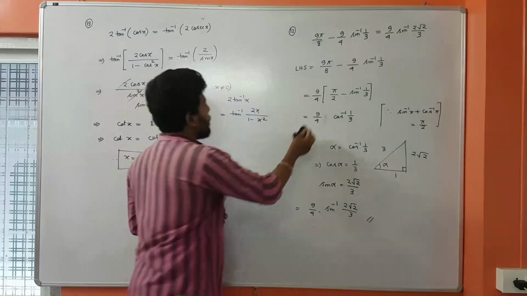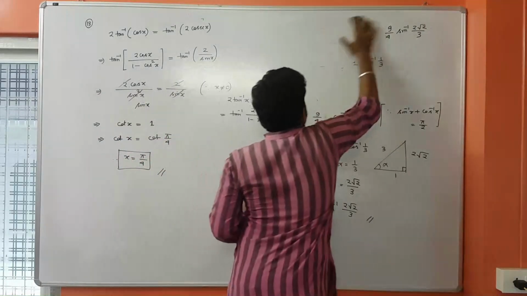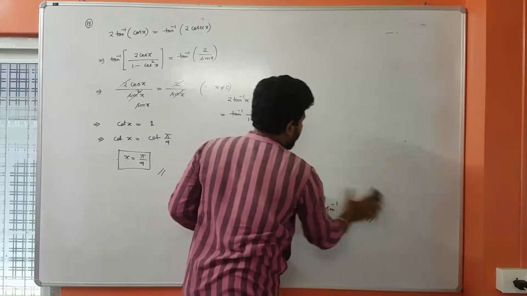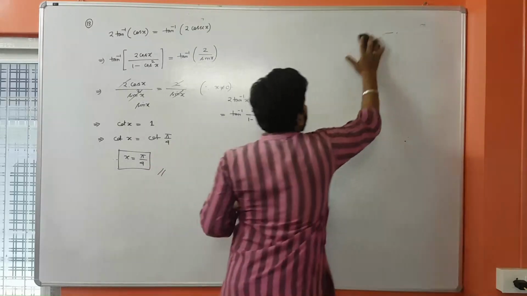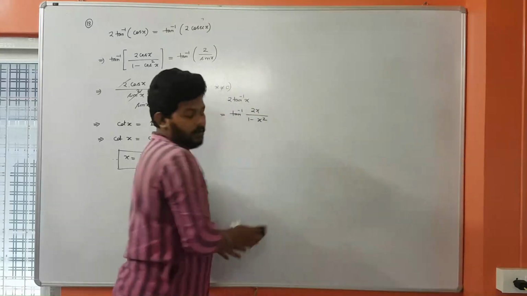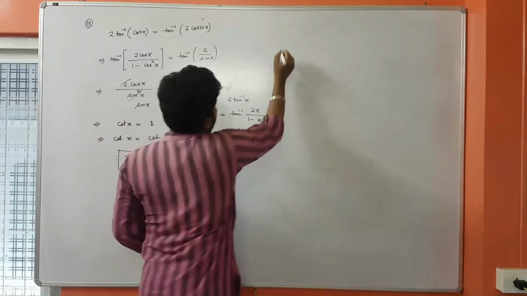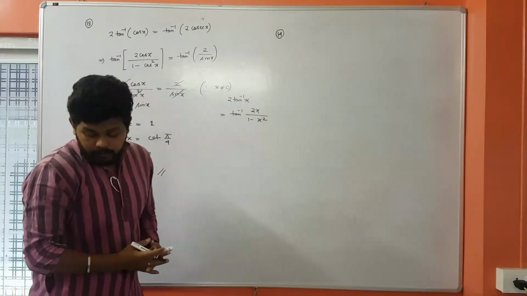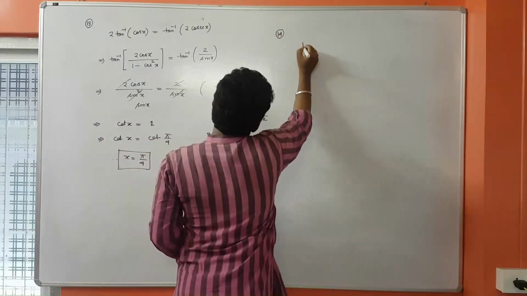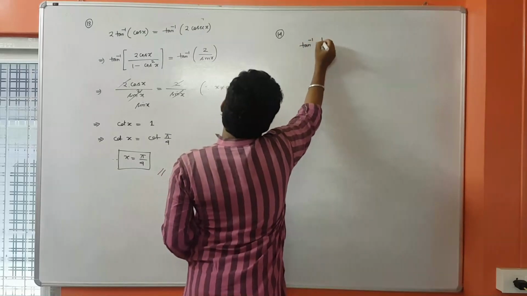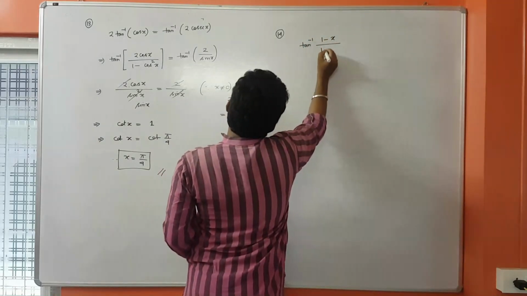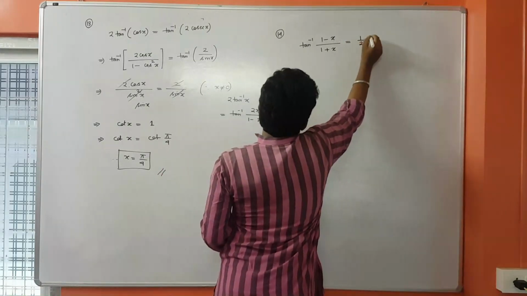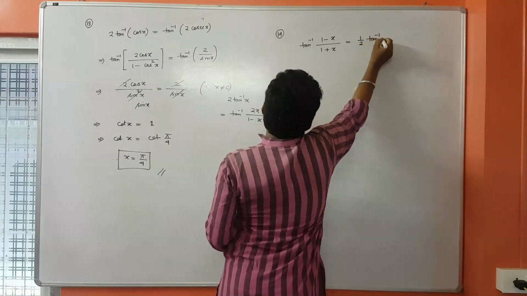Number 14. Tan inverse of (1 minus x by 1 plus x) is equal to half of tan inverse of x.